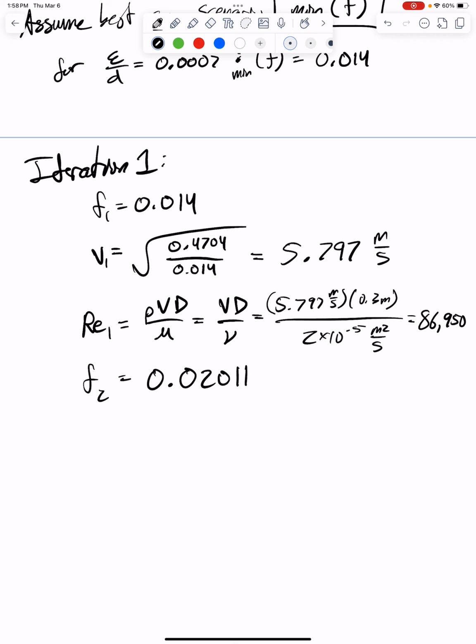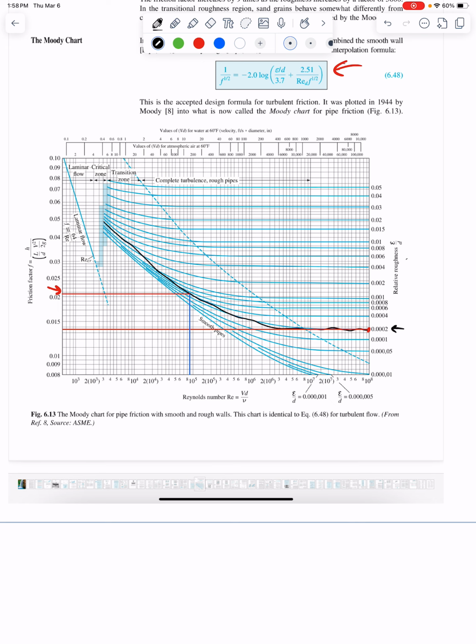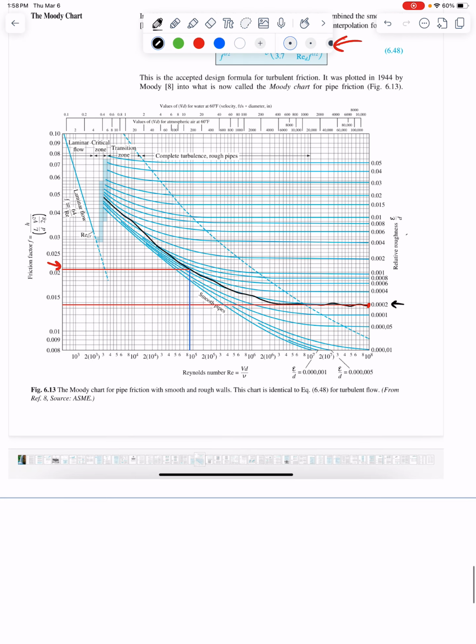So we assumed the best case scenario, which is 0.014, but as a result, the velocity characteristics we obtain from this friction factor do not match up, because based on these values, we get a new friction factor that is 0.02011, which is a higher friction factor. And obviously, as you see, we move leftwards on the plot, and we move up in terms of friction factor. So our initial guess was wrong, but we have a new guess, which should be closer to our answer.